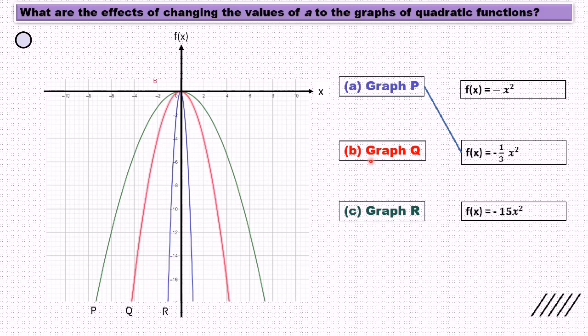For graph Q, the answer is f(x) equals negative x squared. Graph R is nearest to the y-axis, which means the value of a is biggest. So 15 here. So for graph R, the function is f(x) equals negative 15x squared.